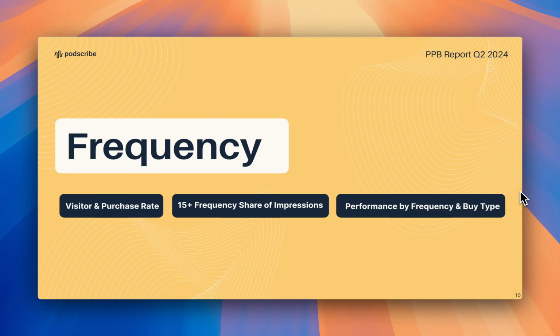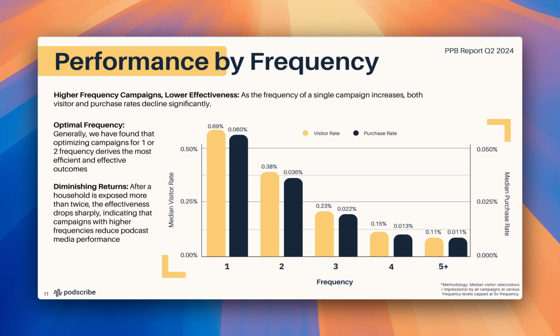So Matt or Pete, why don't we just talk overall performance by frequency? As frequency increases, how does performance look? You want to go for this one, Matt? Sure, I would love to. As we take a look at these benchmarks and we break them out by frequency, we start to see that frequency is a major influencer in the performance of a given campaign.